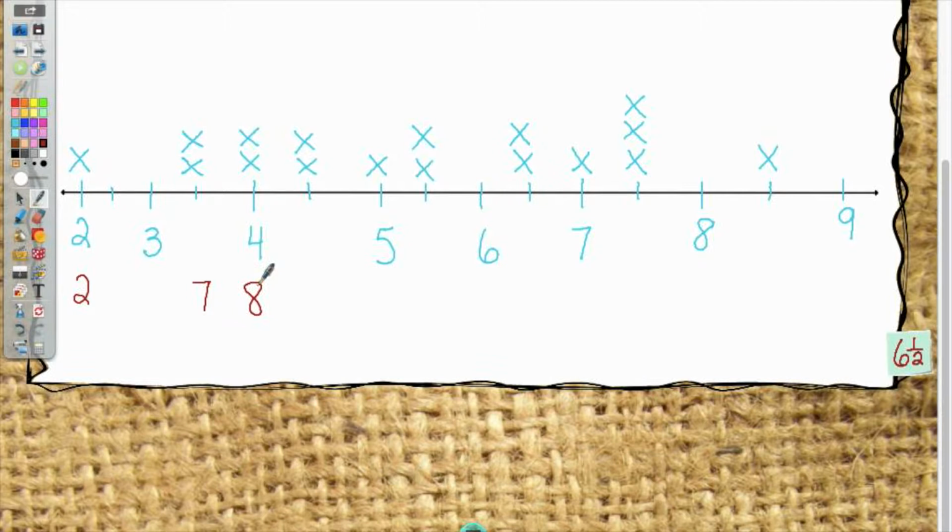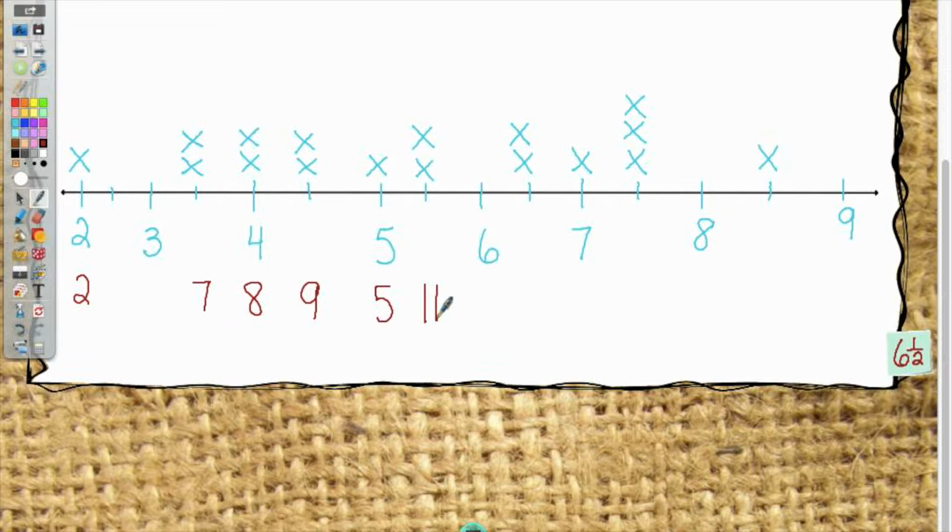I'm going to pull a stick. What was it? 9. And 1 measurement of 5, or 1 copy of 5. 2 copies of 5.5. 5 plus 5 would be 10. You're right.